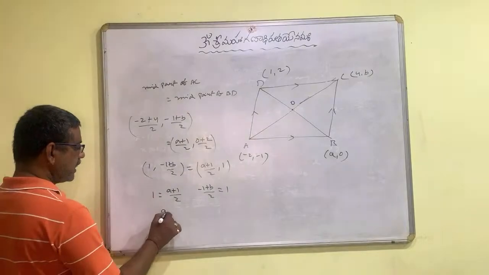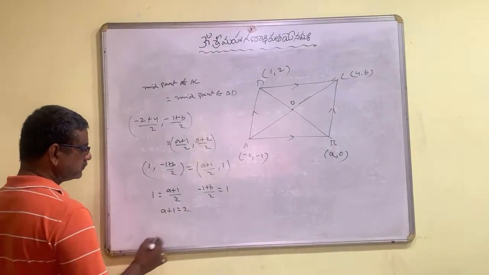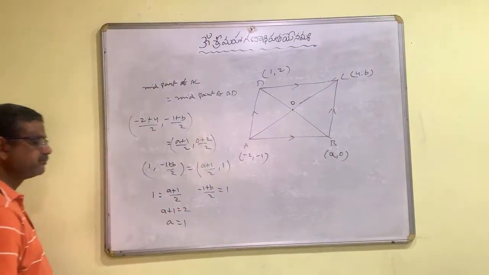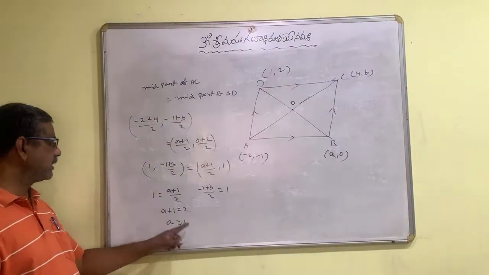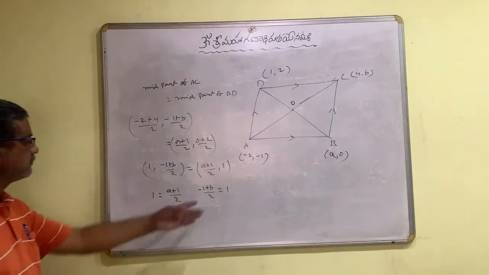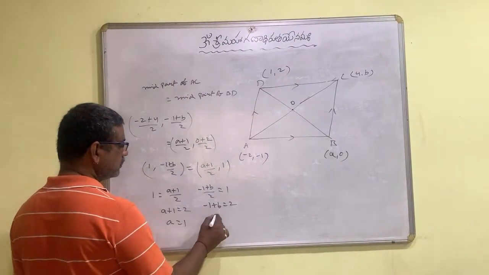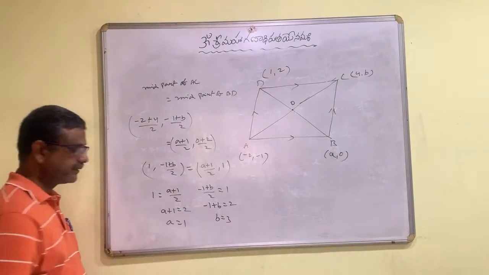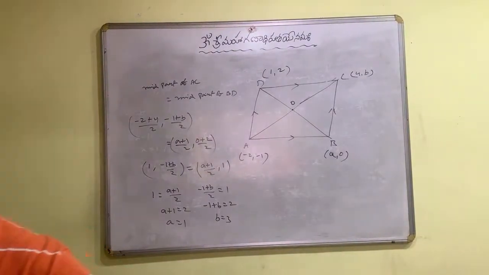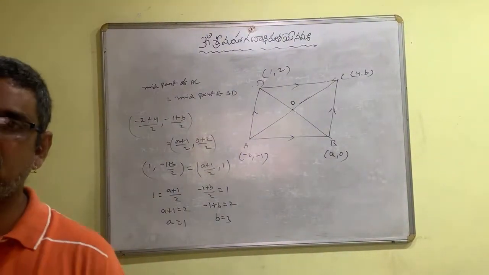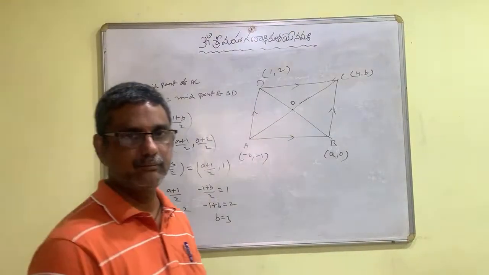Now a plus 1 is equal to 2, so a is equal to 1. And from the other, minus 1 plus b is equal to 2, so b is equal to 3.